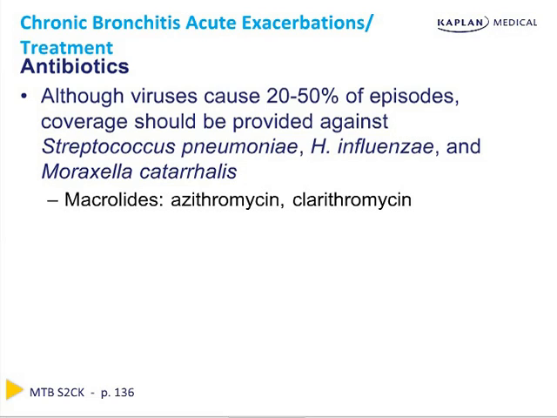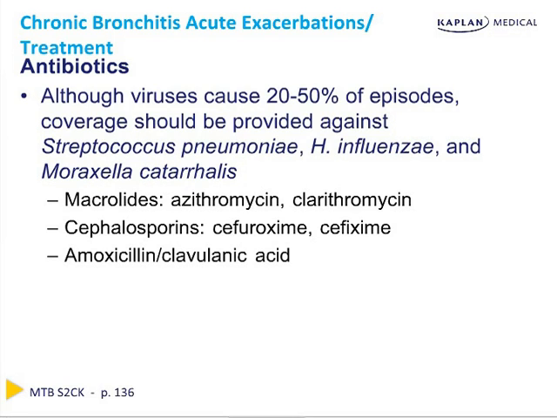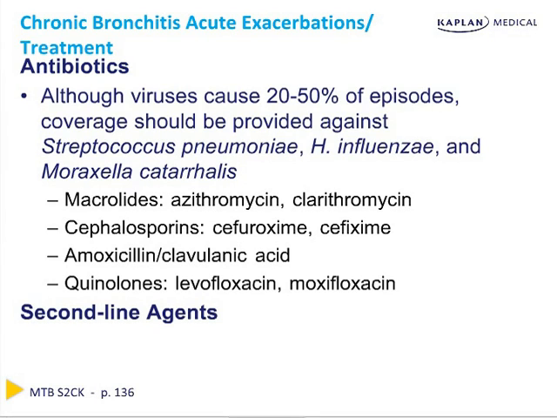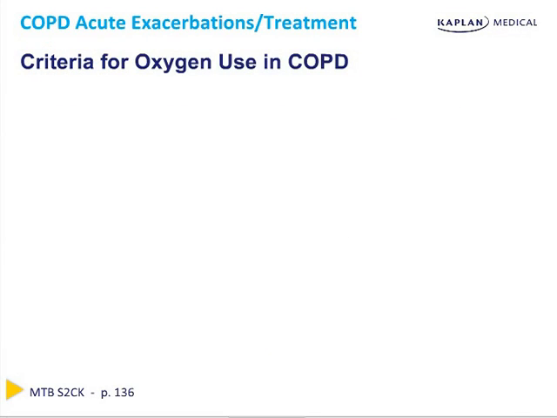Therefore, macrolides, such as azithromycin or clarithromycin, are first-line agents, cephalosporins like cefuroxime or cefixime, amoxicillin clavulanic acid, or quinolones such as levofloxacin and moxifloxacin. In terms of second-line agents, for patients who might have an allergy to the above-listed agents, we can use doxycycline or trimethoprim sulfamethoxazole.